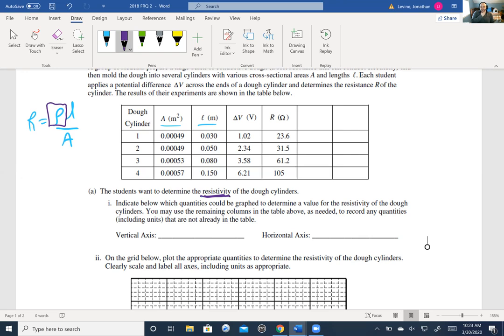So right now, what is in the table that you would need? Well, if we were to try and figure this out, what would we want to graph? What would we need to graph to find resistivity? What would be an easy way to make this into a linear relationship?